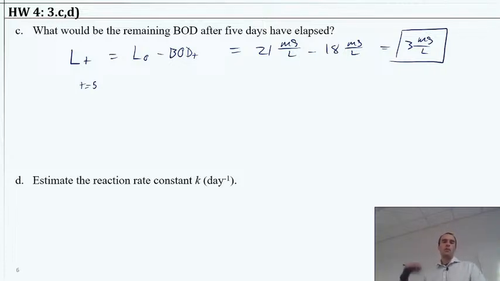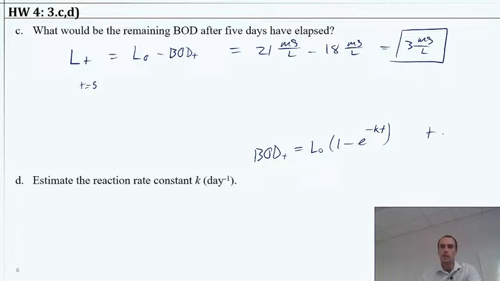But now we go to estimate the reaction rate constant for this BOD removal, K, in per day units. Here's where we get into a little bit fancier math. We can find our equation that BOD at some time T is given by L0 times (1 minus e to the minus KT), and rearrange that and solve for K. This gets us a little closer to reaction kinetics.